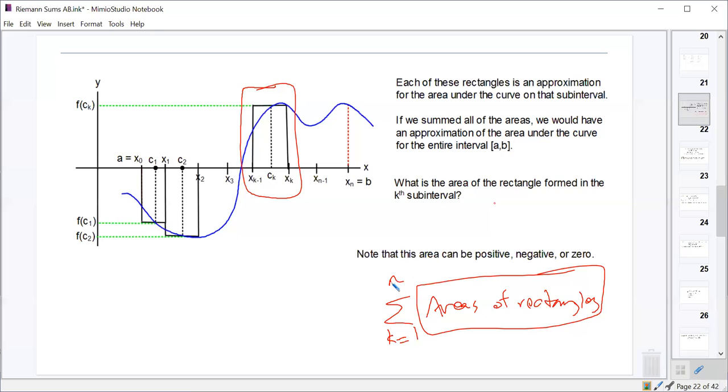Now we're going to try to get a shorthand notation for all of these adding togethers that we've done, and we have to do that using a summation. That's why I've labeled one of them as the kth subinterval, so that I can find a generic formula for the area of this rectangle that could be applied to any rectangle I wanted.